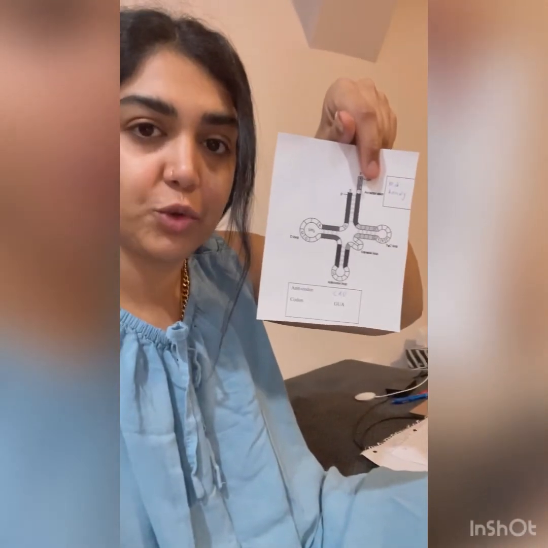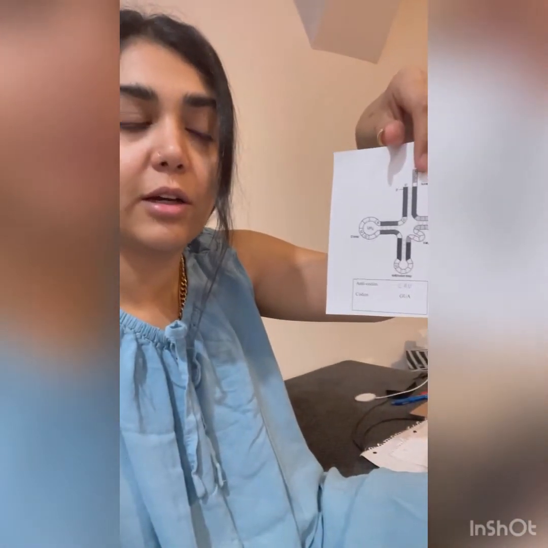My next codon after AUG is GUA. So let's find it together. This is my tRNA for GUA, and our anticodon should be CAU.